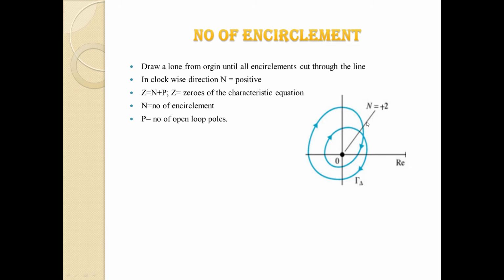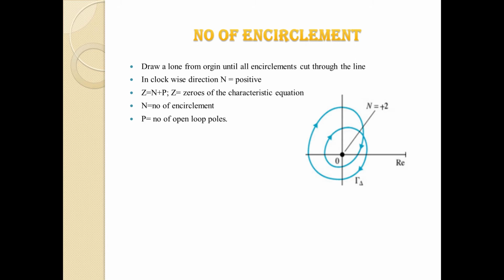So when the clockwise direction is considered positive, Z is the number of zeros of the characteristic equation, and Z is the summation of N and P, where N represents the number of encirclements, which is considered positive in the clockwise direction and negative in the anti-clockwise direction, and P is the number of open loop poles of the system.